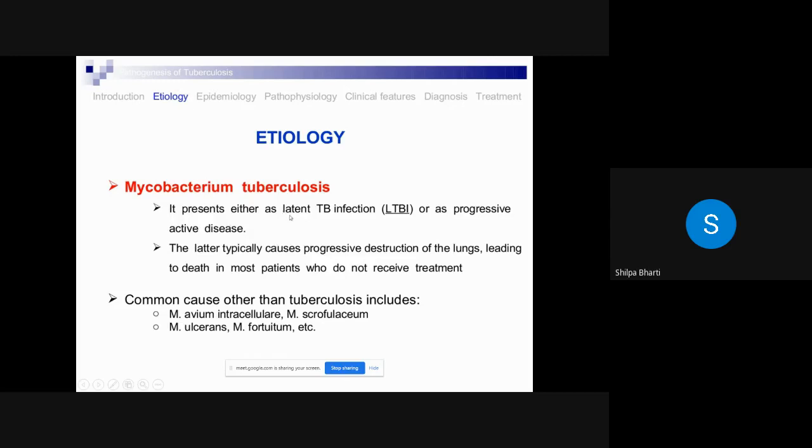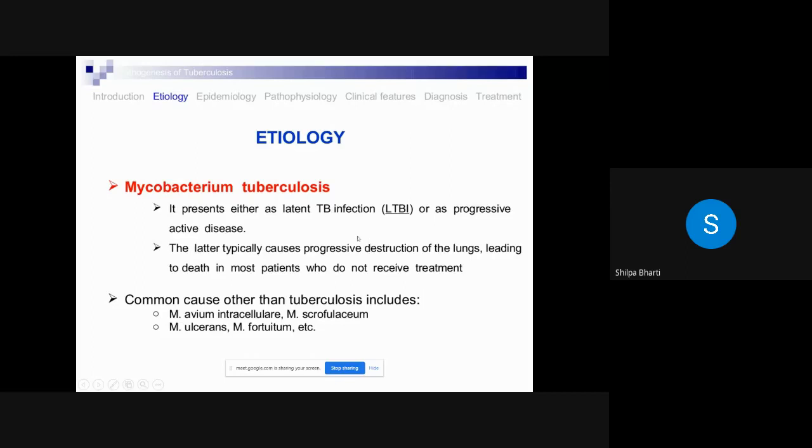So what is the difference between an infection and a disease? The latter typically causes progressive destruction of the lungs, leading to death in most patients who do not receive treatment. So when the disease becomes progressive, it destroys the lung and it may lead to death.